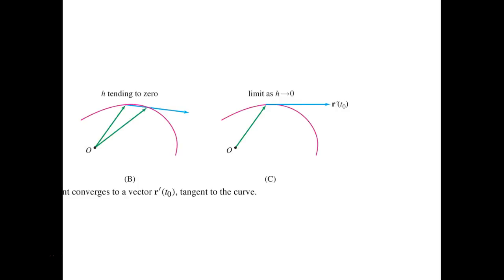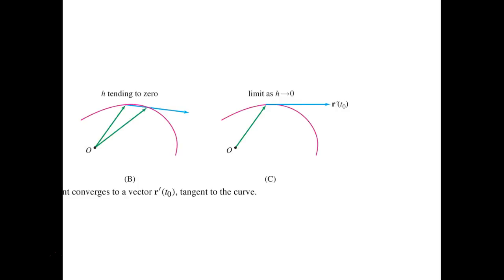Now, the magnitude is the part that's getting crazy, but it's no worse than it was with scalar functions because your numerator is getting small as your denominator is getting small. So the magnitude of this thing is going to 0, and you're dividing by something that's going to 0, which is like multiplying by something going to infinity.